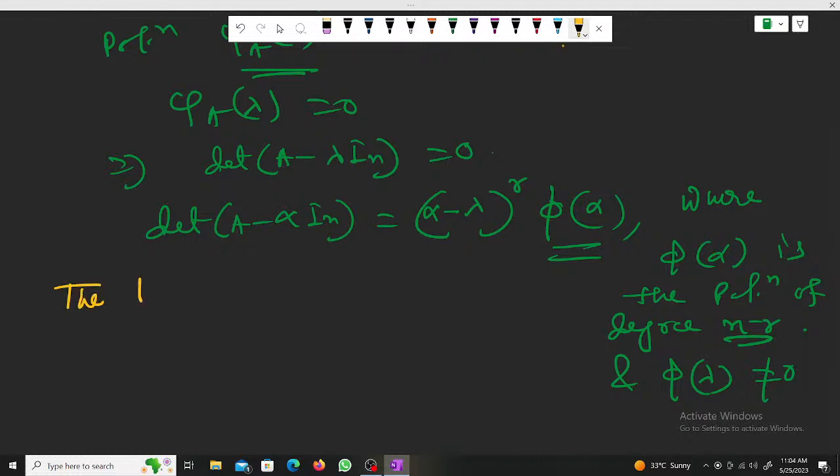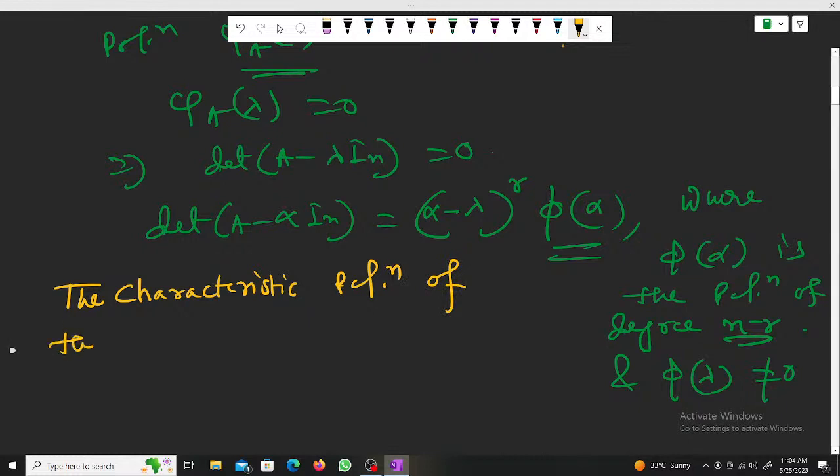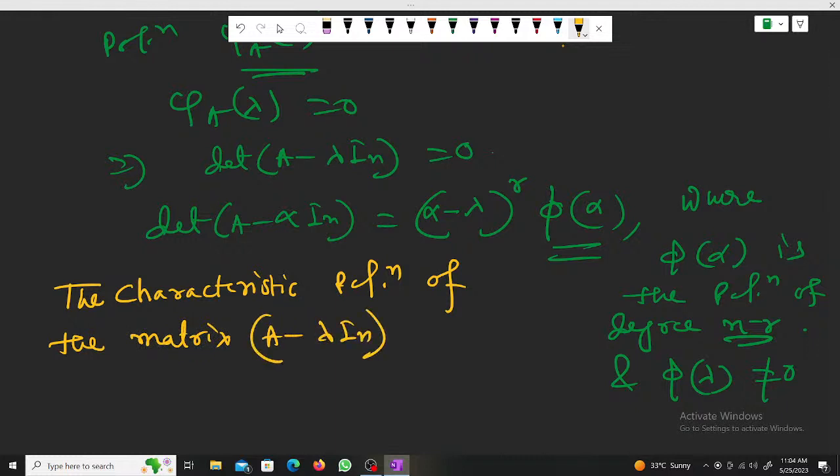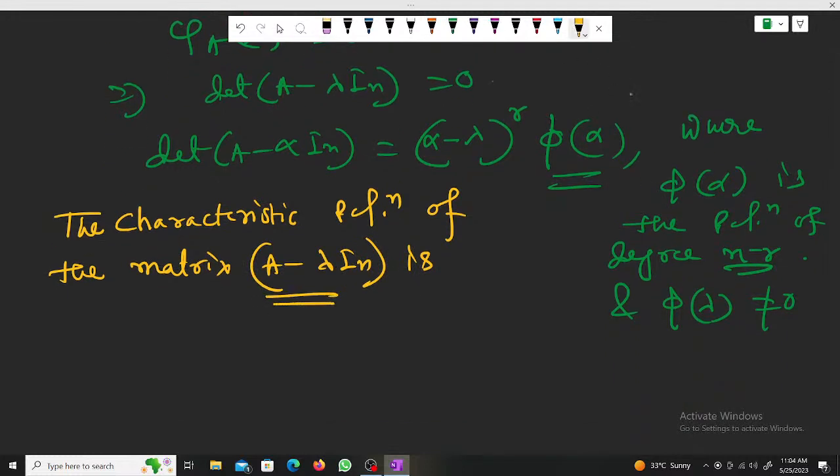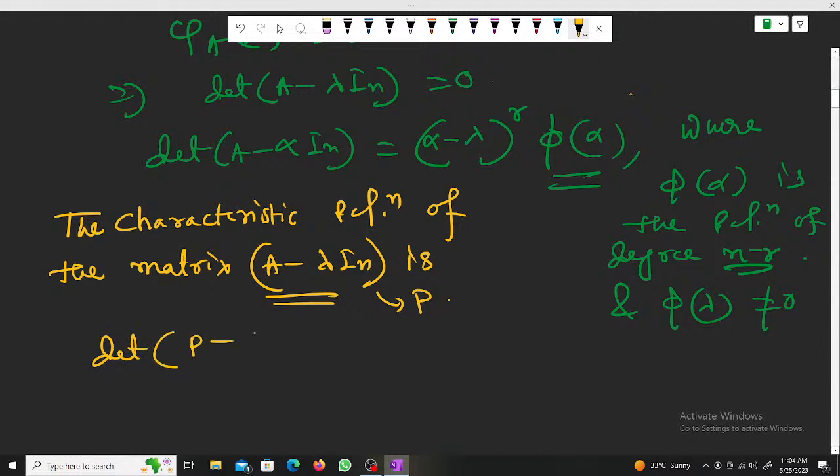The characteristics polynomial of the matrix A minus lambda In is, সাপোজ যদি এই গোটা ম্যাট্রিক্সটাকে আমি একটা p দ্বারা ডিনোট করি, রাইট? দ্যাট মিন্স কি লিখতে পারবো, determinant of p minus alpha into In.